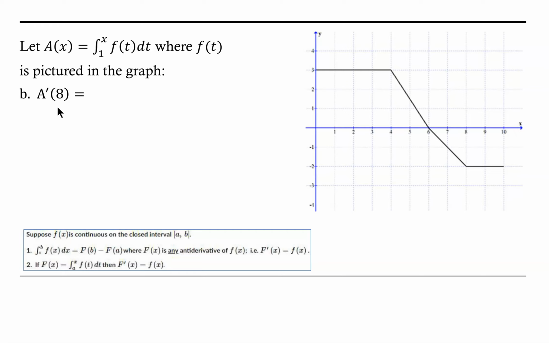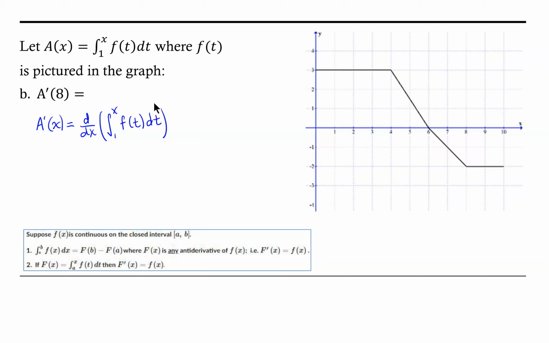So to be able to evaluate A prime at 8, I need to first know what A prime of x is. So A prime of x is going to be the derivative with respect to x of the integral from 1 to x of f of t dt.